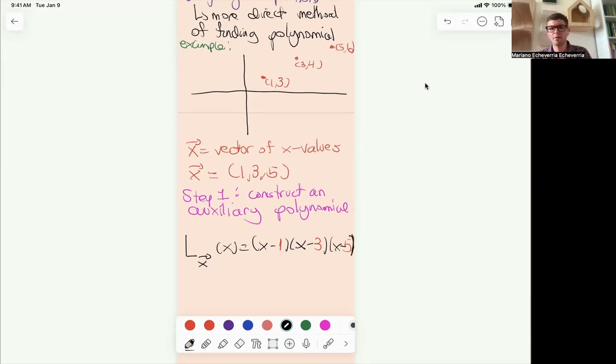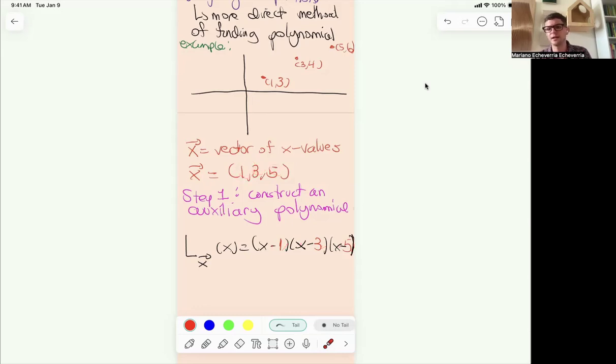Basically, the way I'm doing it is that it is a product of three terms, because there are 3 points that you were given, and you just subtract one of the x values from x. The x values were 1, 3, and 5, so you do x minus 1, x minus 3, x minus 5.